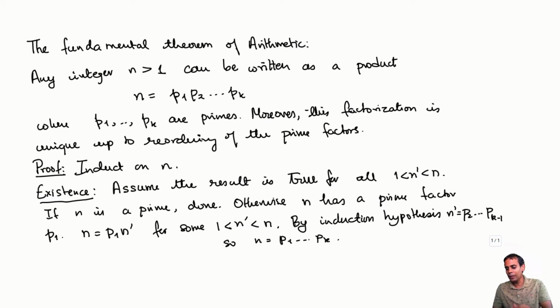In fact, this proof can be turned into an algorithm for writing down the prime factorization of n. You just start with n, and then if it's a prime you stop. If it's not a prime, then you find a prime factor and then you do recursion on n'.